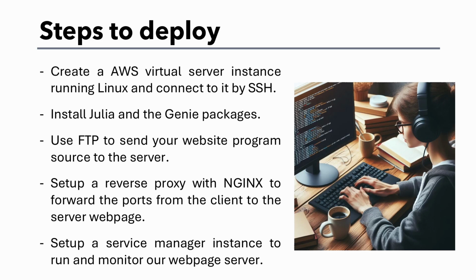This is common on web servers, to not run directly on the HTTP port, and it allows you to reduce the exposure of your server to the web and also allows better performance and security. We also are going to set up a service manager instance to run and monitor the web page server. So imagine if, for example, the server needs to reboot, it can automatically restart the web page Julia process as well.